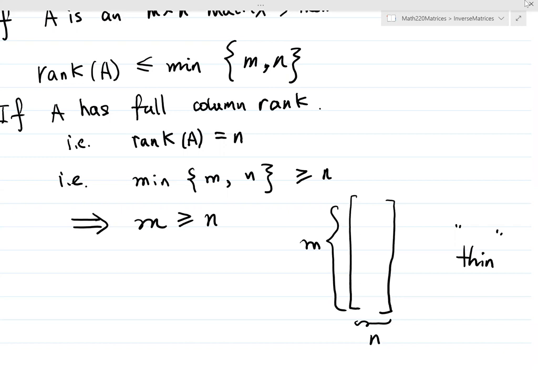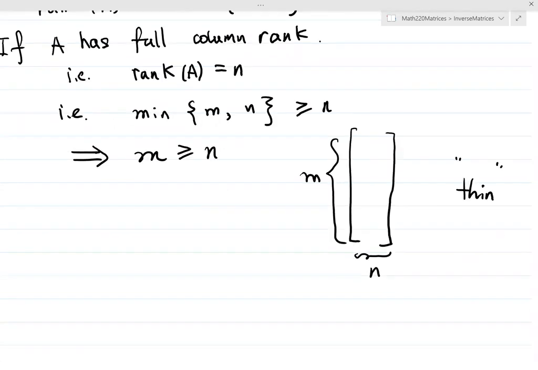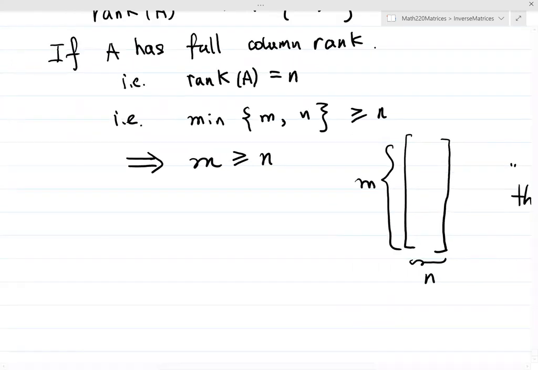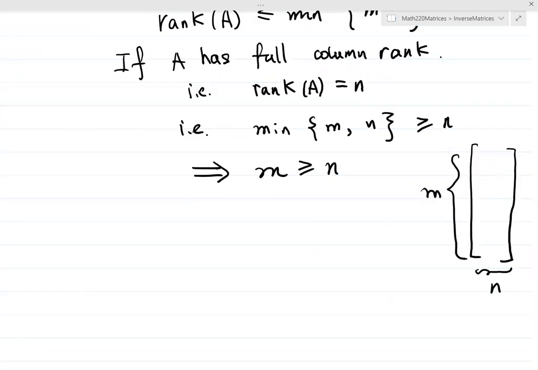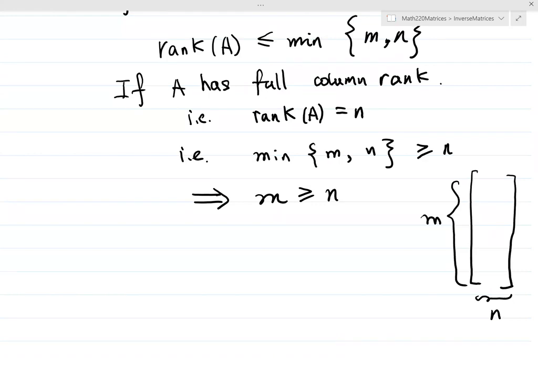Now suppose that A is a matrix with full column rank, then we can actually find n linearly independent row vectors. We can find n n-dimensional row vectors that are linearly independent. So you can determine the rank of A using column vectors. You can also determine the rank of A by row vectors.